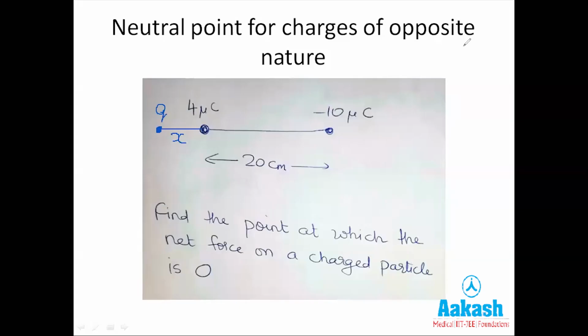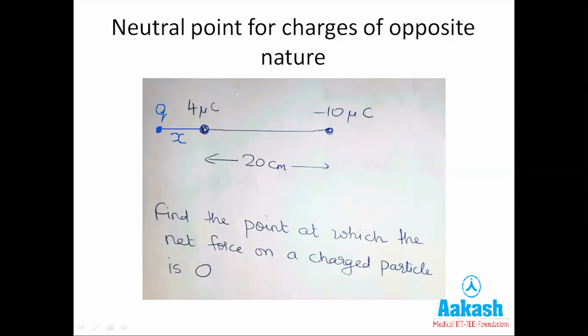So this problem involves neutral point, but this neutral point is for charges of opposite nature. As we can see that in this problem, there is a charge of 4 microcoulomb, another charge is of 10 microcoulomb. Both are separated by 20 centimeter, and they have asked us to find a point at which the net force on a charged particle is zero. So what I have done is, as we can see here, when both of them have opposite nature, then the neutral point does not lie in between.